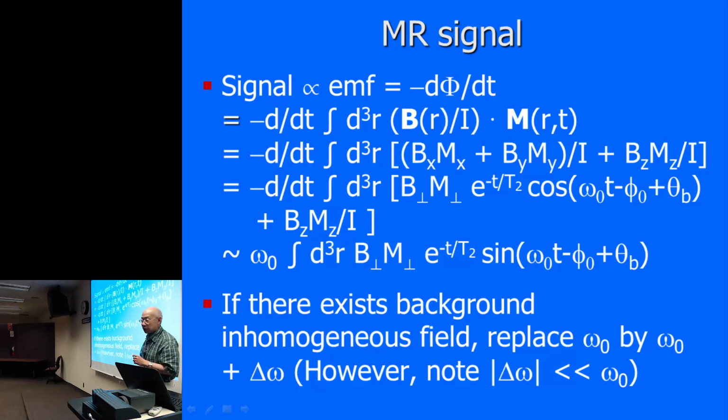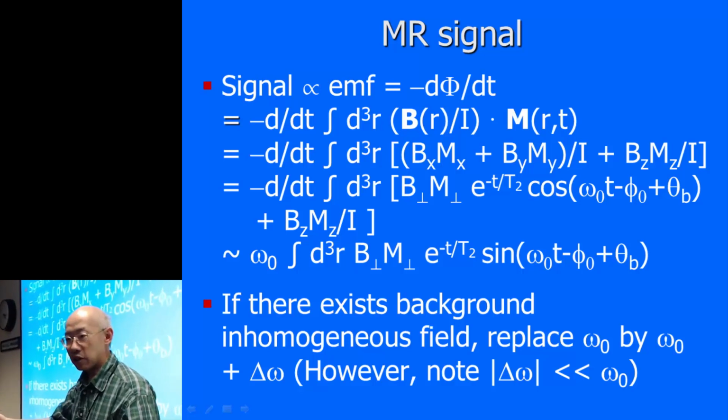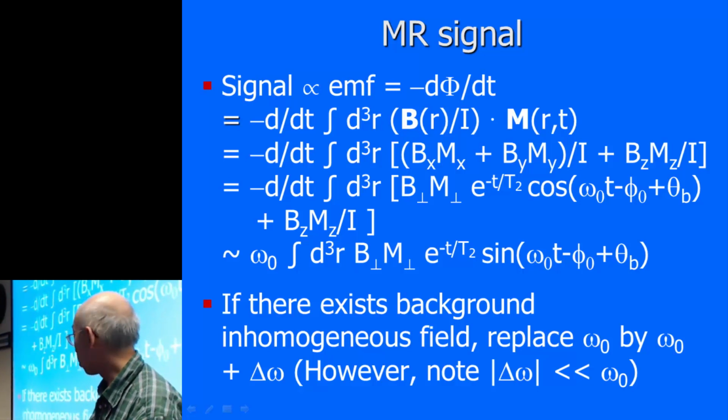But typically, that's not the case, for two reasons. Number one is that, I think in chapter 9 at least, you are going to encounter the gradient field. So this frequency is not going to be your gamma times B naught. This Larmor frequency is going to be different when you have an external gradient field. That's what you're going to see in chapter 9.